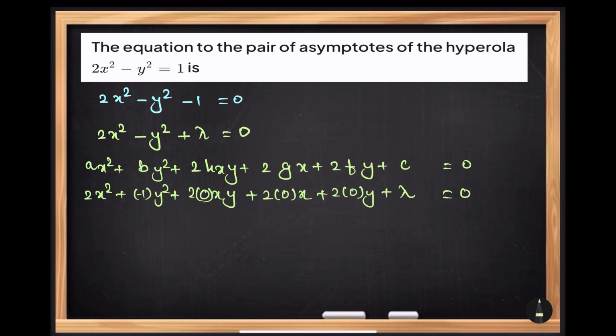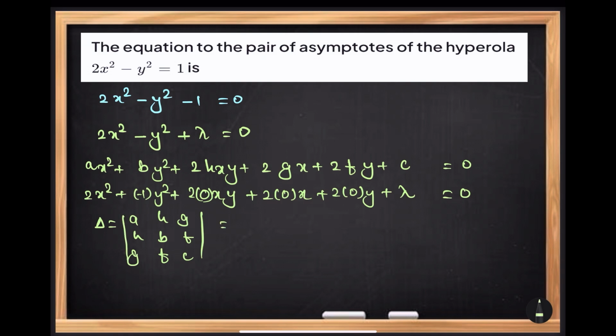Now try to recall the condition for a 2-degree curve to represent a pair of straight lines. The determinant has to be 0: the determinant with rows a, h, g; h, b, f; g, f, c will become 0.